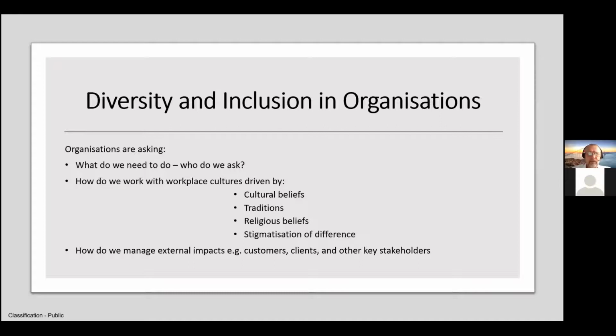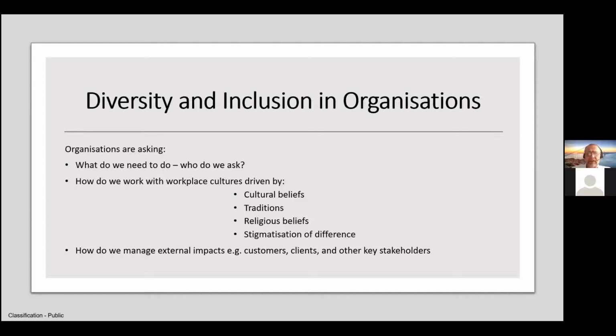In addition, organizations are asking, how do they manage external impacts? For example, what about customers? If our customer base is diverse, do we not need to think about the products that we're developing and have a business opportunity by creating products and services that meet a wider market? That would make sense. What about clients?